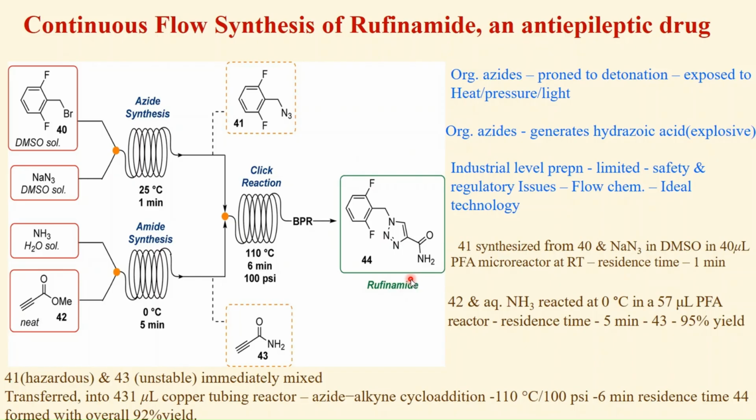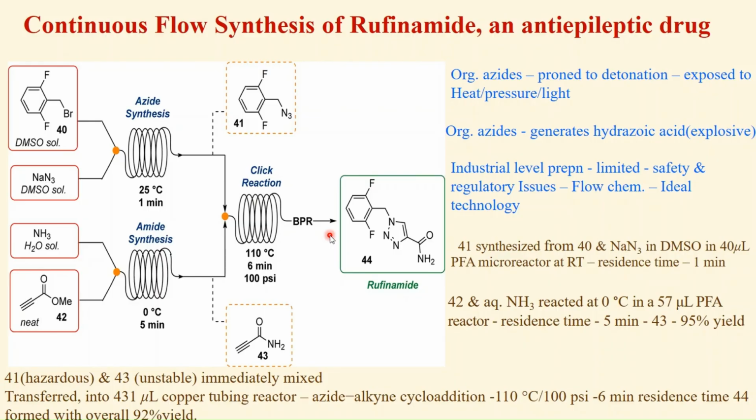This is an example for efficient handling of hazardous substances. The beauty of this flow system is that the capacity of the reactor used is in microliters, and as they are produced in small quantities continuously, and the produced azides are utilized immediately, they are not produced in large quantities at a time.